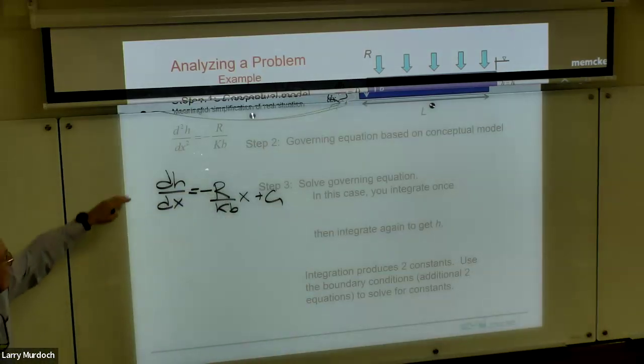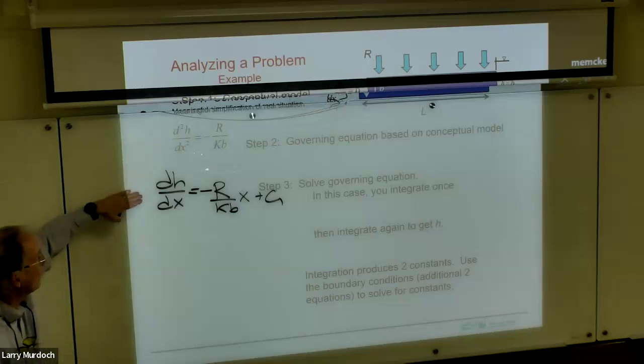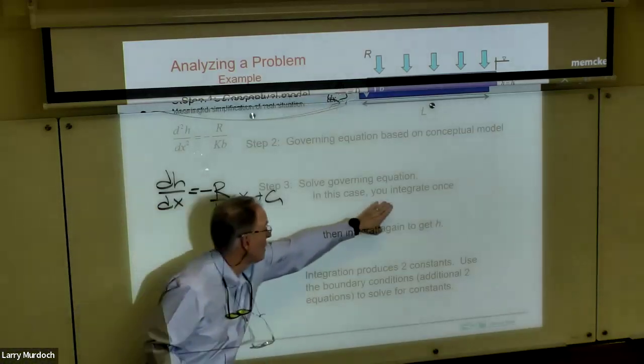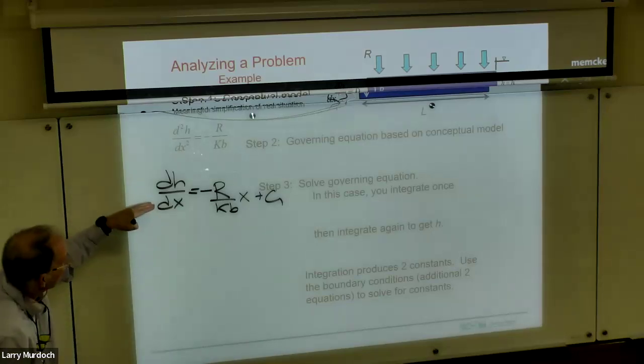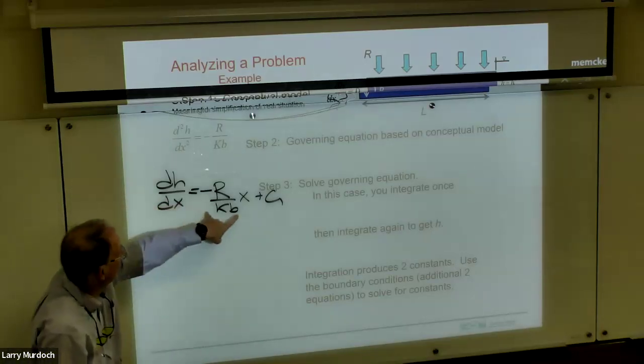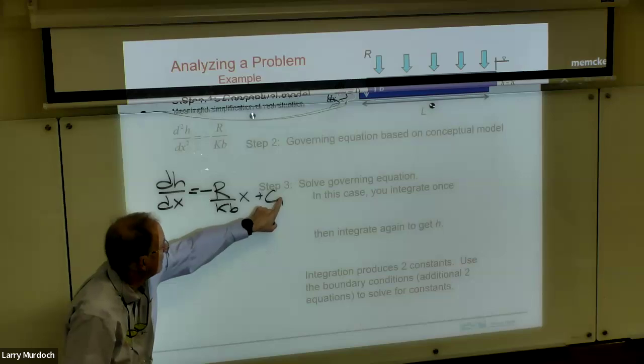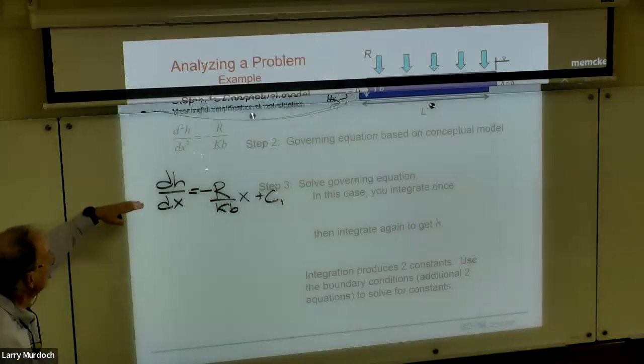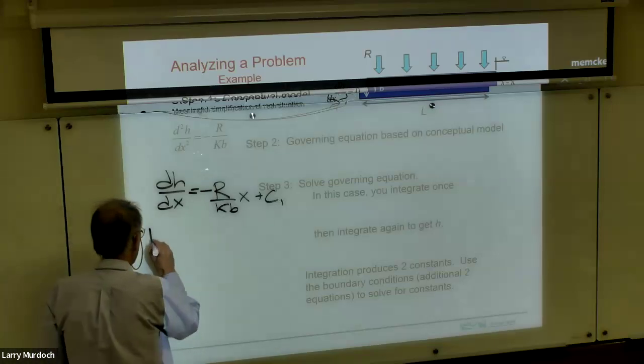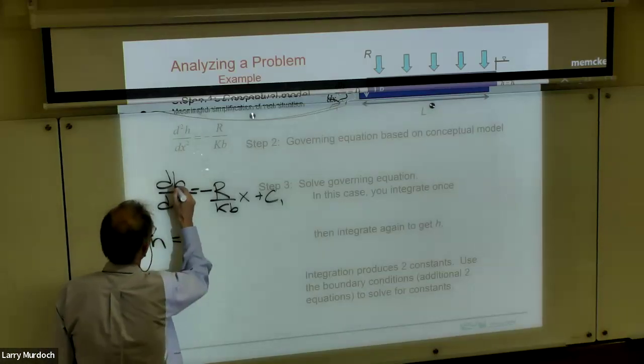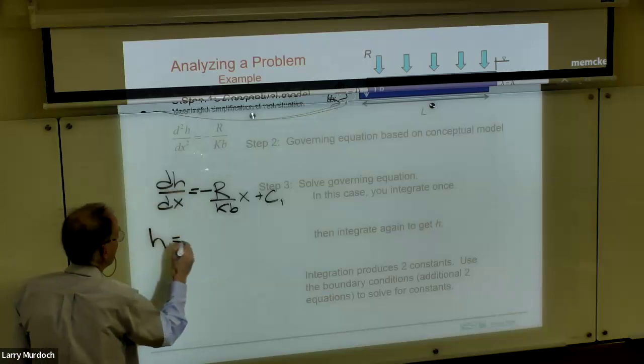So we start with this, integrate it once, and we get that term and then a constant C1. Now that's the gradient, and we're going to integrate it again. When we integrate that, we just get h.